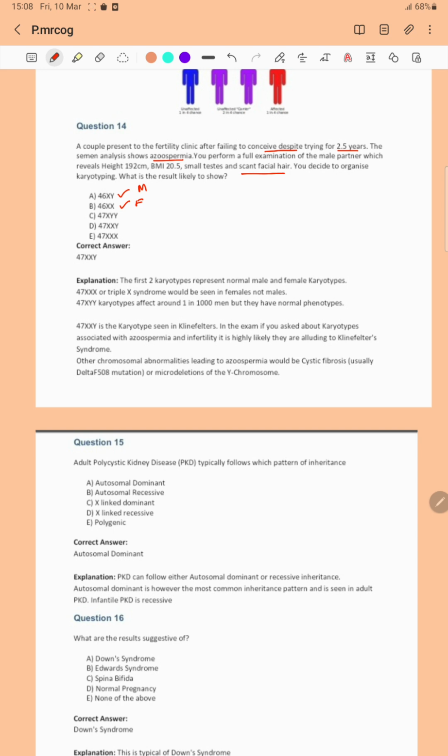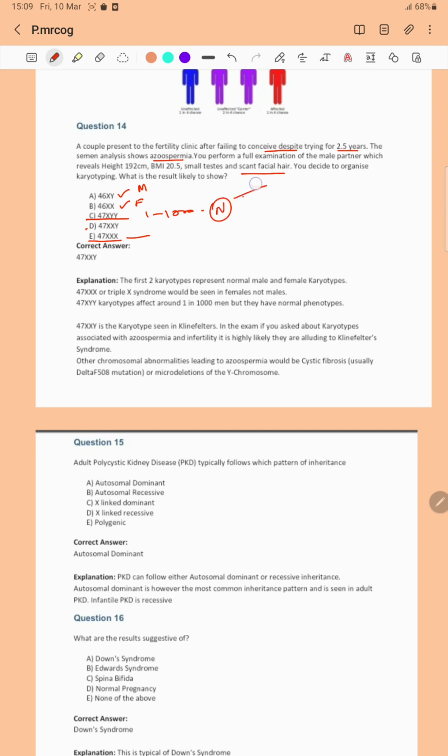Next, the 47 triple X, or triple X syndrome, would be seen in females but not in males. Then 47XYY. The 47XYY karyotype affects about 1 in 1,000 men, but they have normal phenotypes.